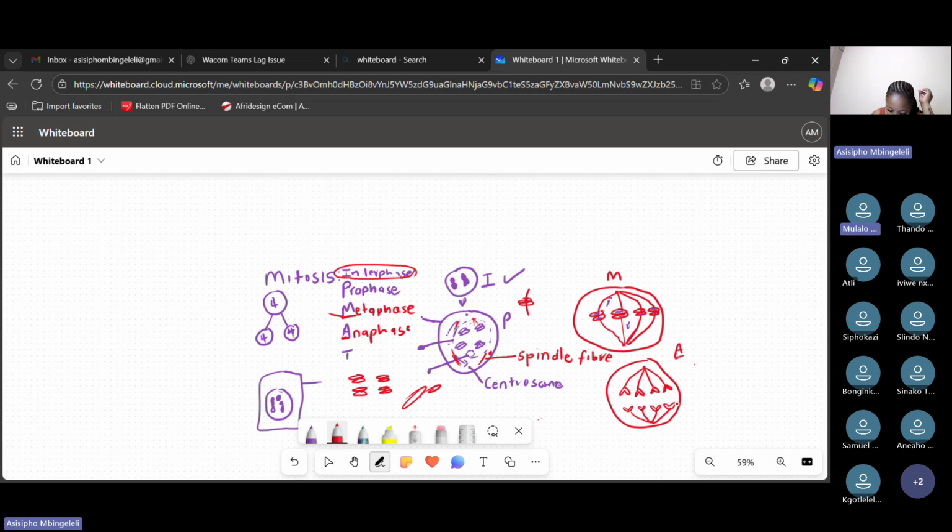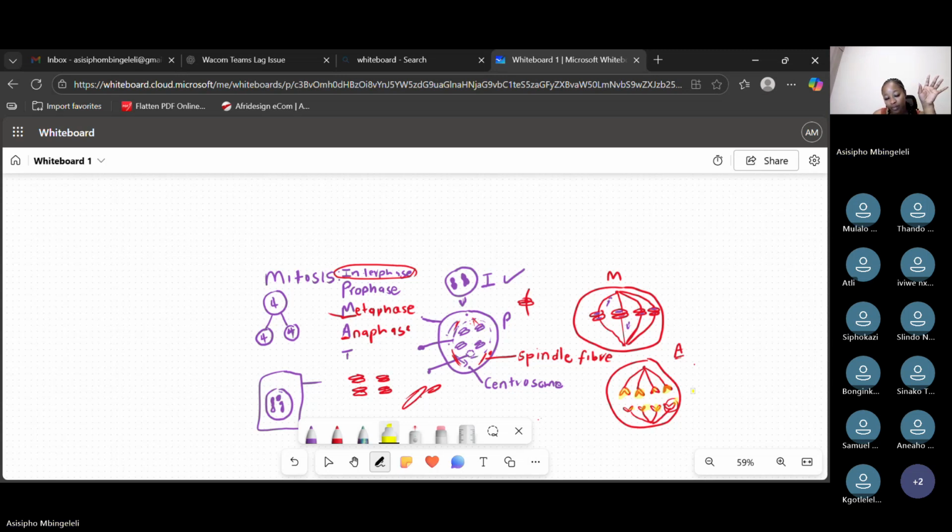I'm highlighting them here to show that the chromosomes are the ones that are pulled, not anything else. This is what is being pulled to the opposite pole, not the centrosome. The centrosomes are at the opposite poles holding the spindle fibers, so we're not pulling them at all.